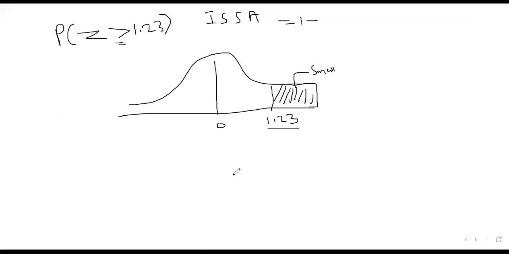Yes, so that is our 1.23. We are heading to the right after 1.23. So what determines greater is to shade the right. If there was less, we would have shaded to the left side. The second thing you should ask is this shading proportion: is it big or is it small?